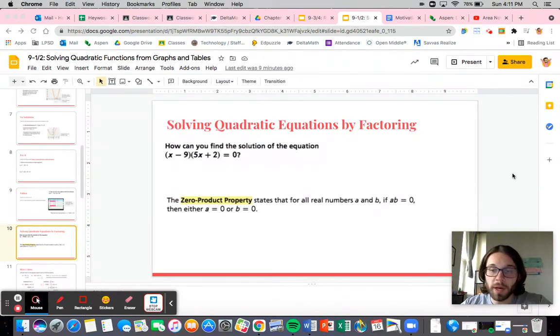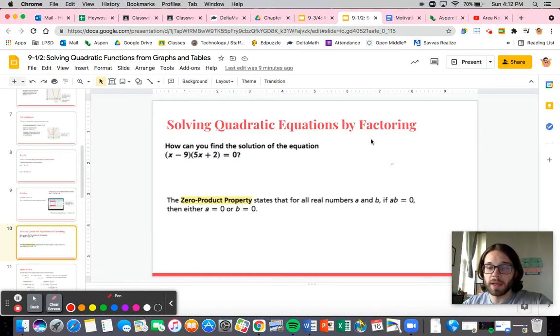Well, probably the most common way of solving quadratic equations is by factoring. As you know from before, when we were going over factoring, if you had x squared plus bx plus c, you would look for factors of c that added up to b.